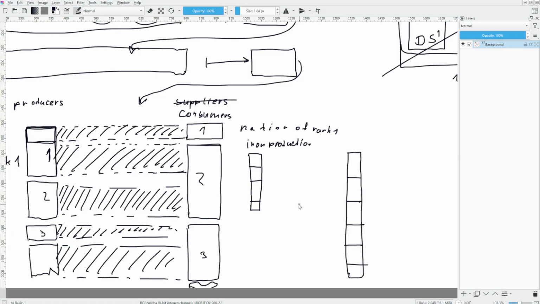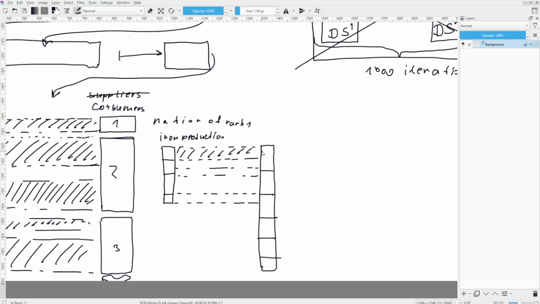So what does happen there? Again, we connect the top supplier with top consumer. Right? And then as we approach the end of supply, we can see that these two nations have demand satisfaction of 1.